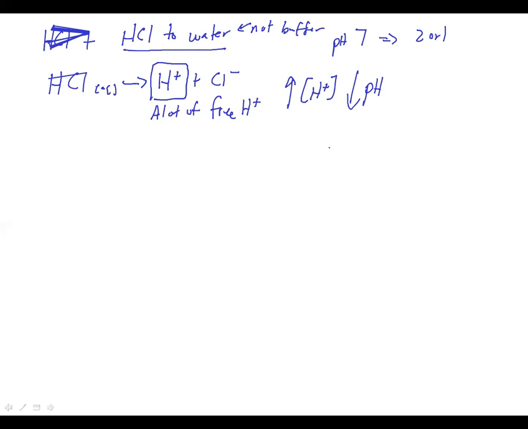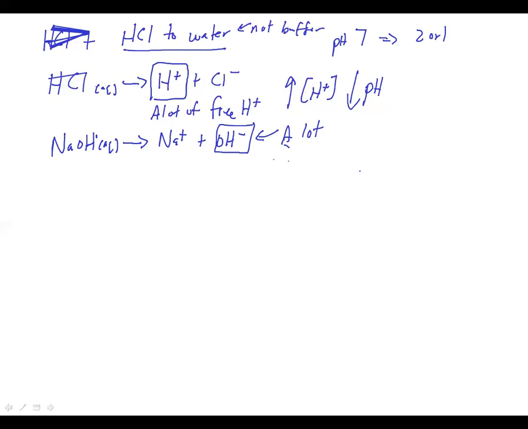If we add something like sodium hydroxide, which is a strong base, to that solution of water, it would break up into Na plus and OH minus, which means we just produced a lot of free OH minus.